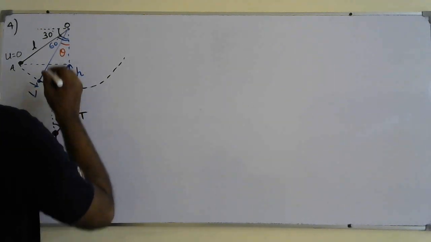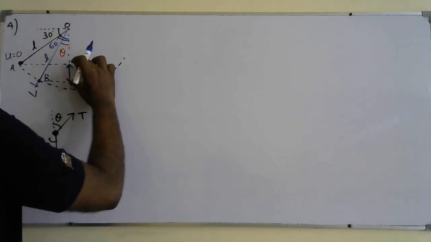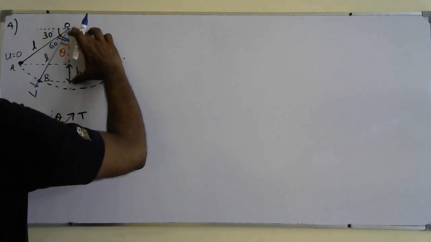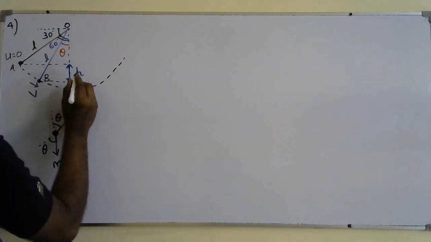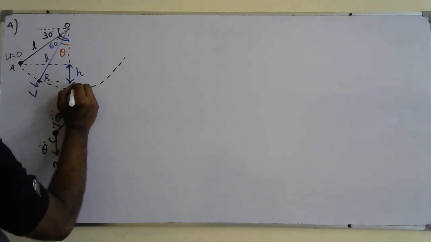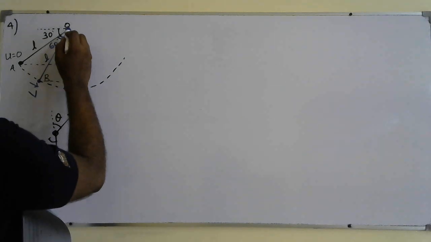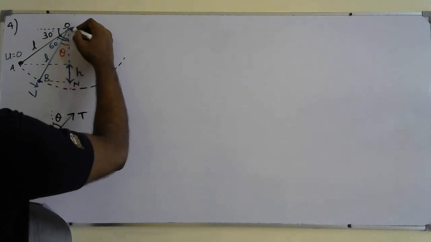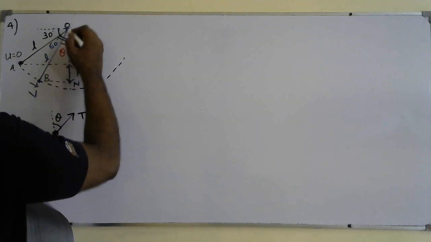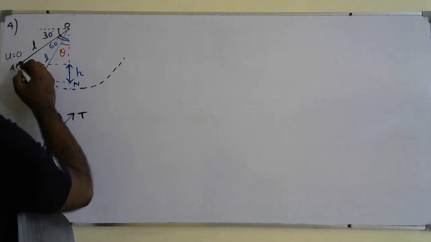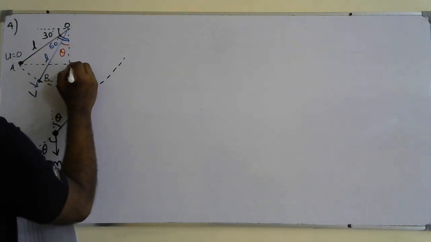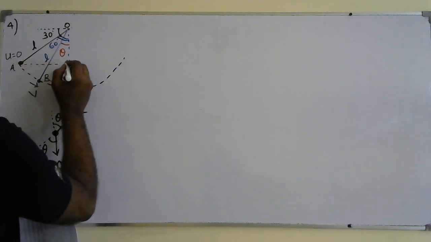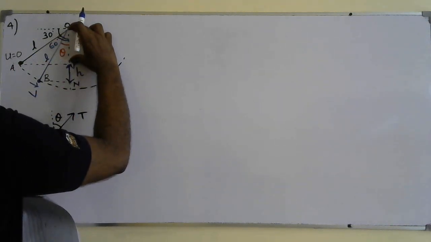So how can we find it? This length is L. So this H is equal to this height. When we consider this right angle triangle OBN, we'll name this point N, this length ON is equal to L cos theta. When we consider this right angle triangle OAP, this height is L cos 60.